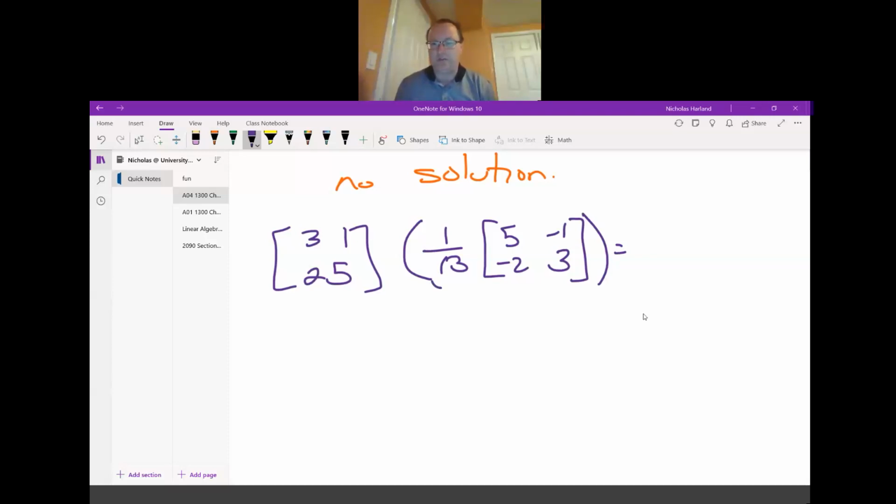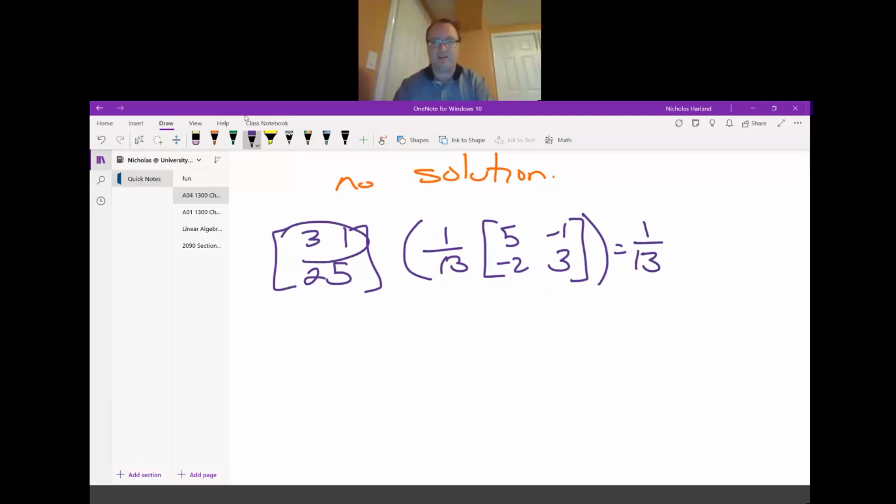Can I just factor out this 1 over 13 and bring it in front, or does that violate the rule of switching the order of multiplication? Right, it's a constant, so yes, you can bring it out in front. And then we can multiply it together.